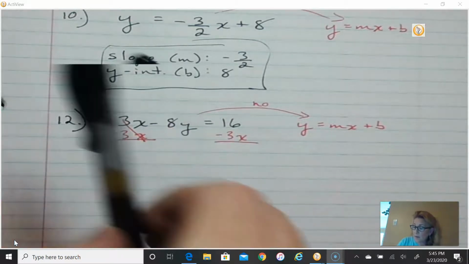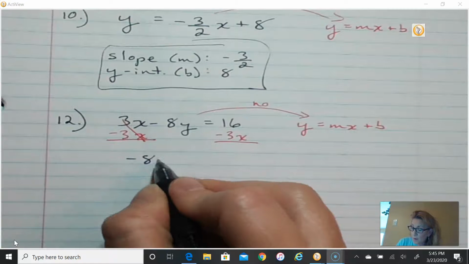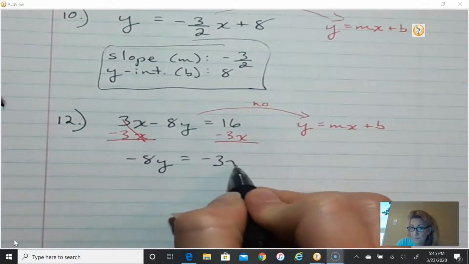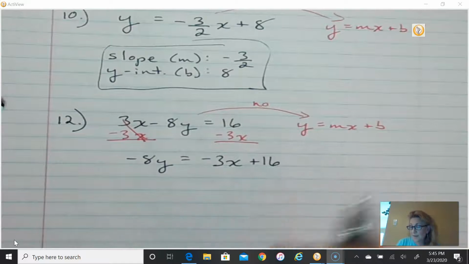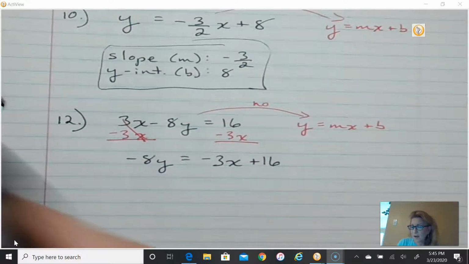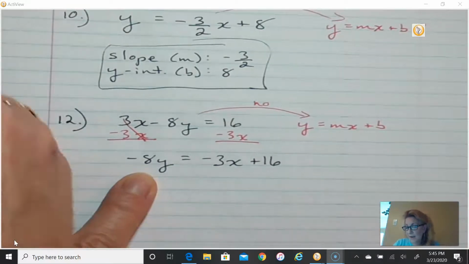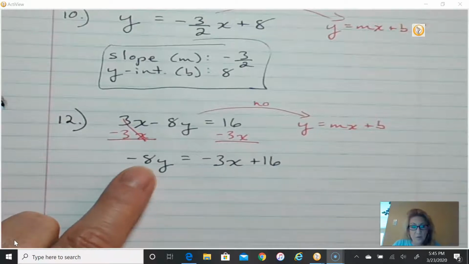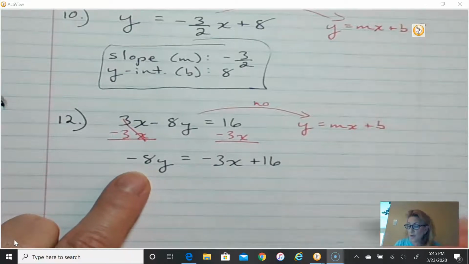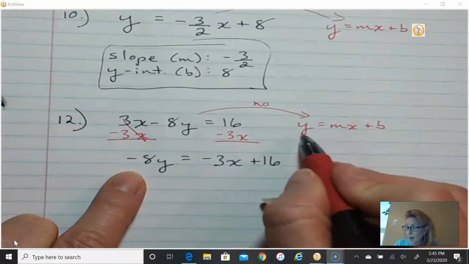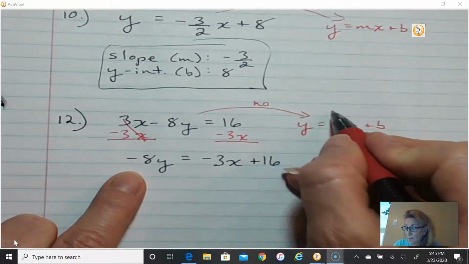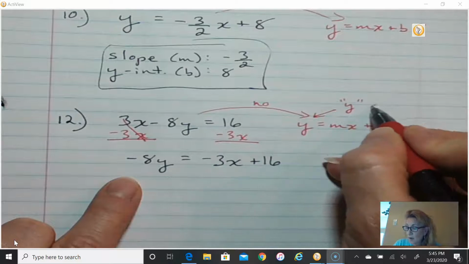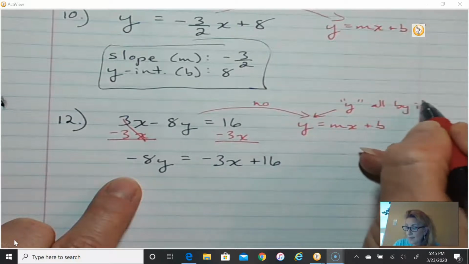And I'm left with -8y equals, remember this comes first, -3x plus 16. Now, you cannot leave that like that. No, no, no, no. So we have to get rid of the 8 because the y has to be all by itself.